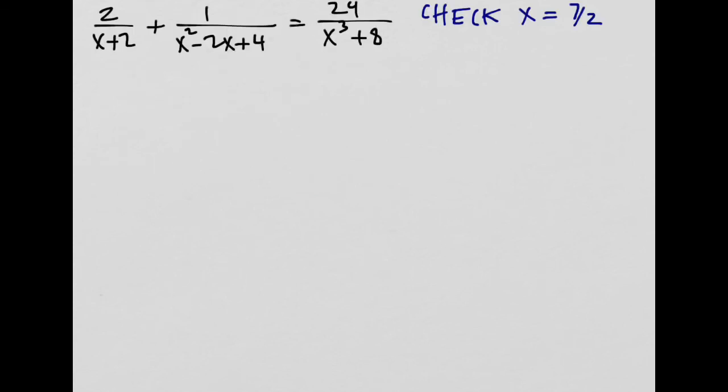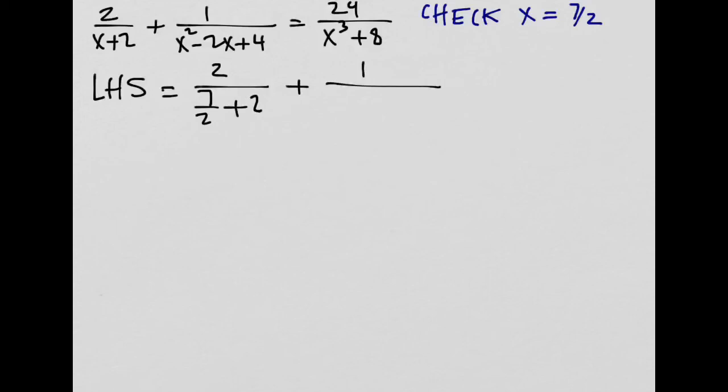To check if x equals 7 over 2 is a solution to our rational equation, I'm going to plug in 7 over 2 for x on the left-hand side and the right-hand side of the equation. If we plug in on the left-hand side, we get LHS equals 2 over 7 over 2 plus 2 plus 1 over 7 over 2 squared minus 2 times 7 over 2 plus 4.